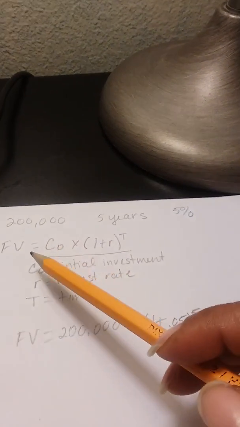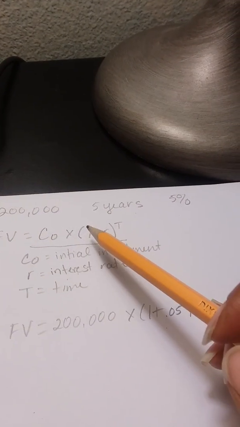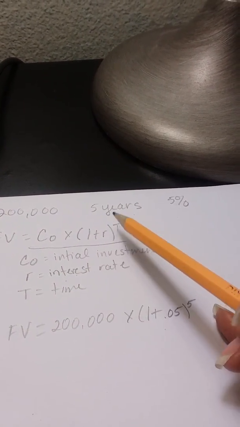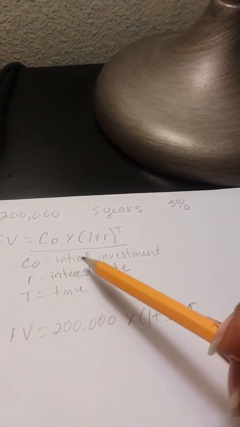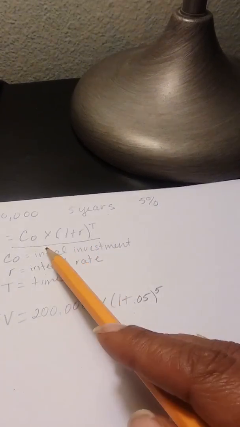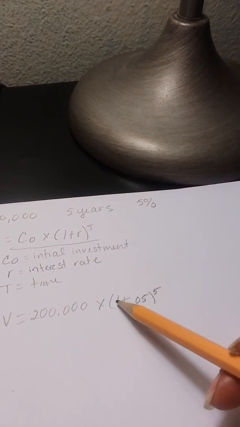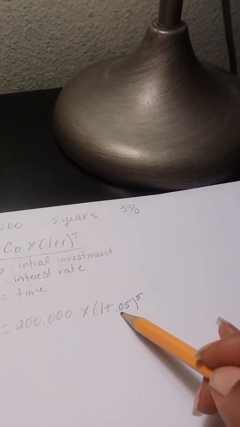So our formula for future value is C0 times (1 plus R) to the power of time. So our C0 is our initial investment, our R is our interest rate, and our T is our time. We plug in our own values. So we know that our initial investment is $200,000. We times that by 1 plus our interest rate.